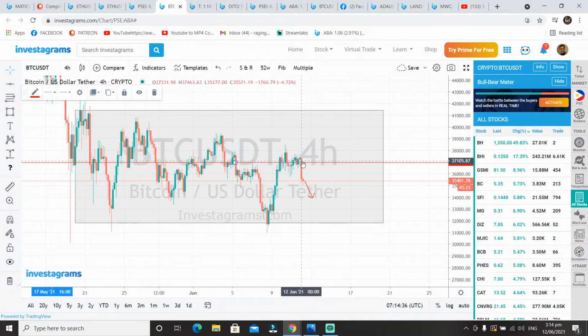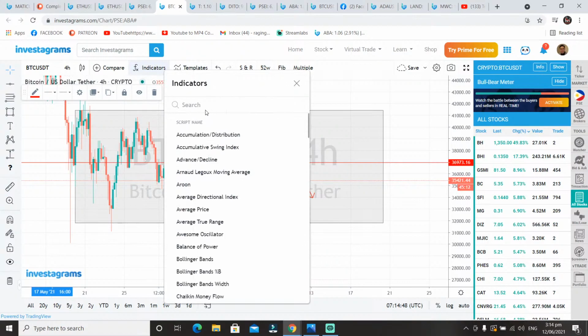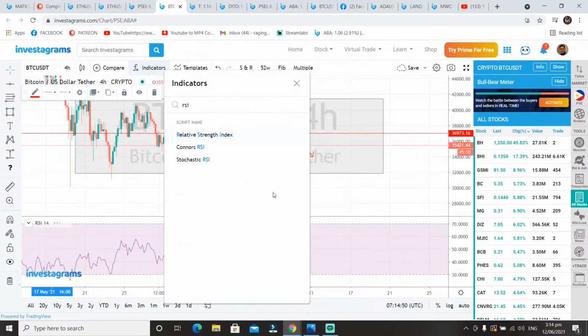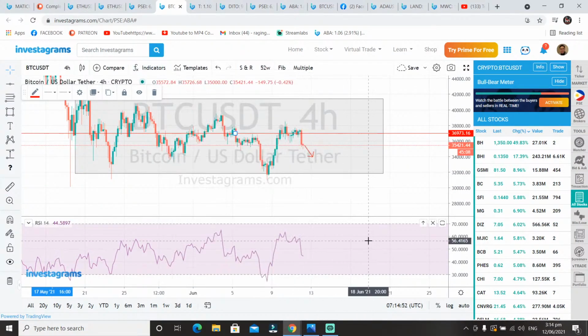So let's see if we had an expectation for this movement. Let's, for example, check RSI. Do we have, what do we call this, a bearish pattern, a bearish divergence for this one?